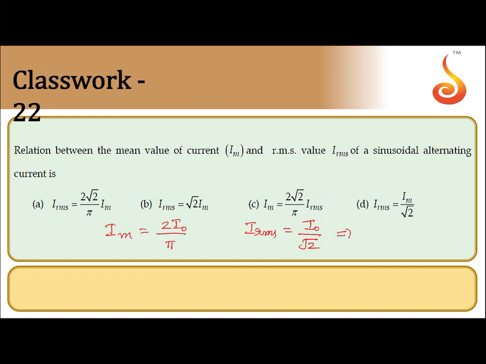Or I naught can be written as root 2 times IRMS. So substitute this in the first equation. So it will be 2 into root 2 IRMS divided by pi. So this should be equal to Im. So this is nothing but option C.